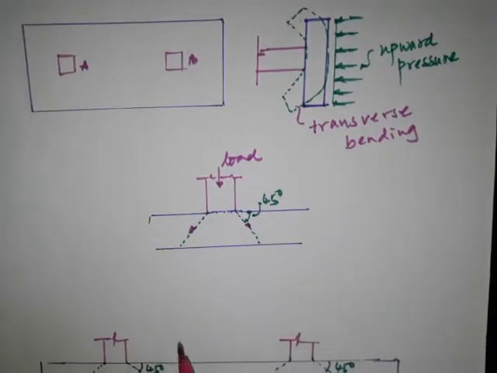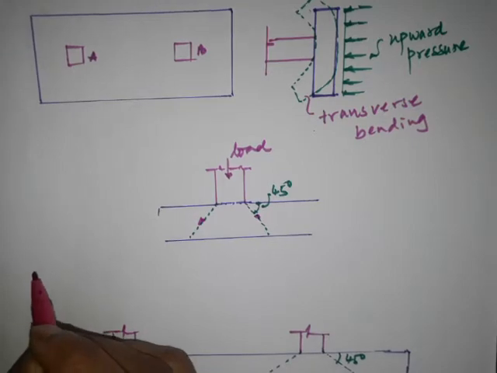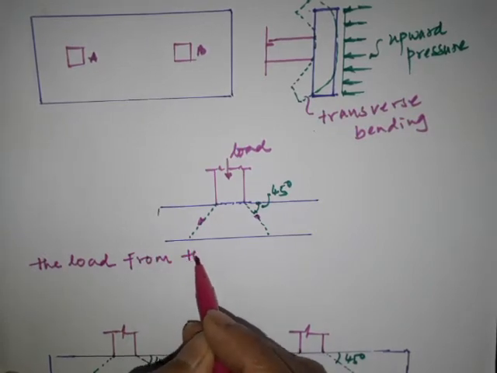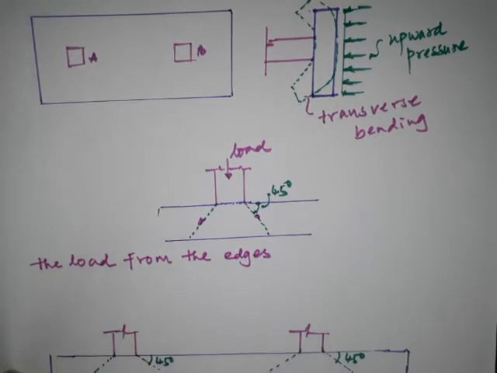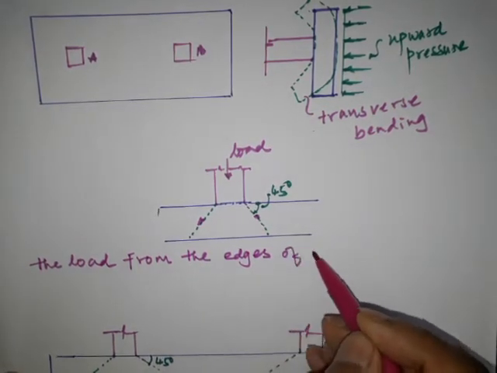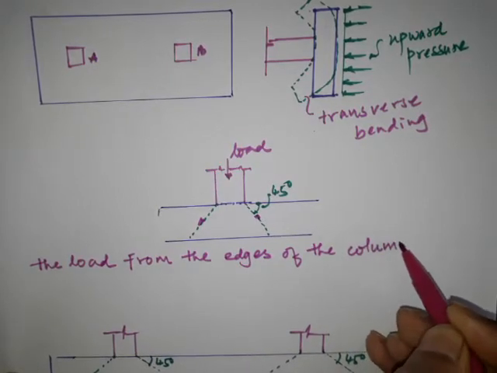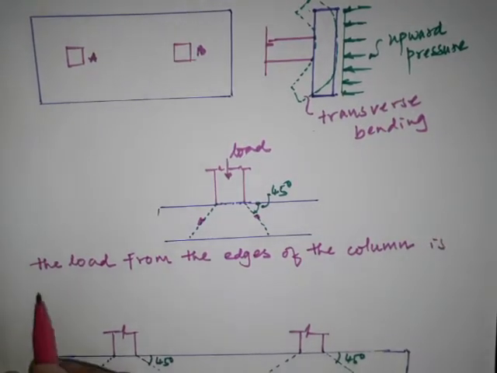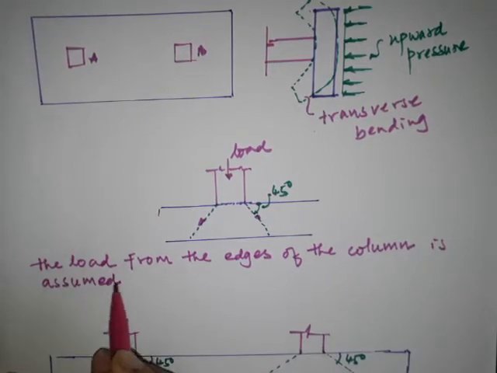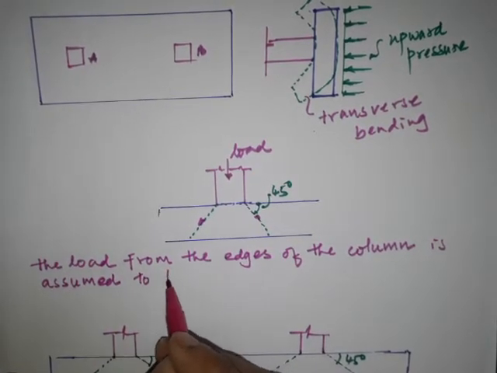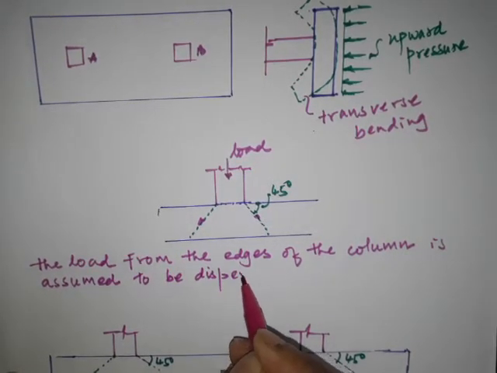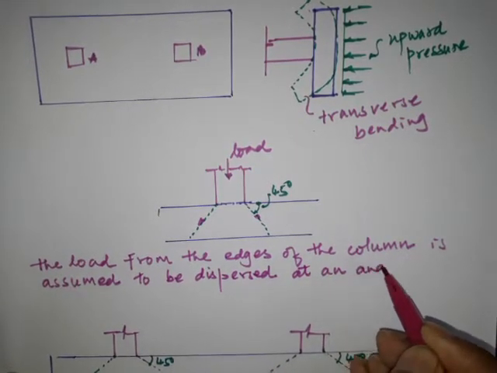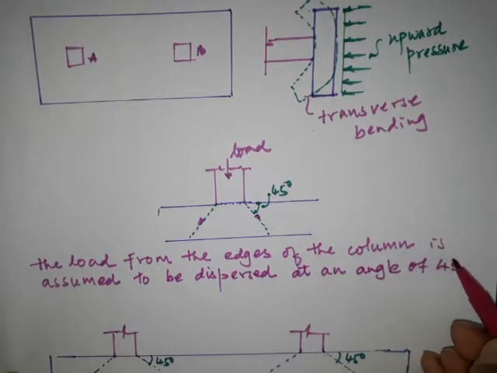Okay, so I can write here: the load from the edges of the column is assumed to be dispersed at an angle of 45 degrees.